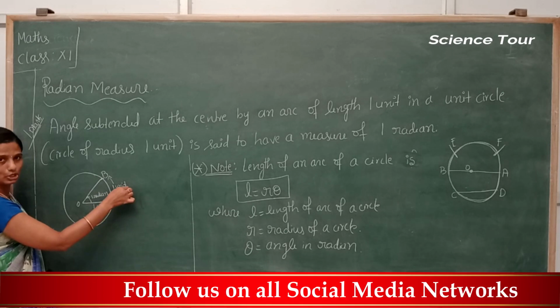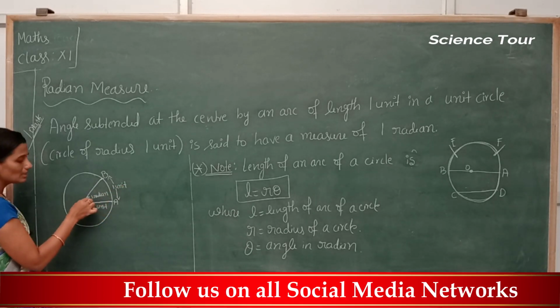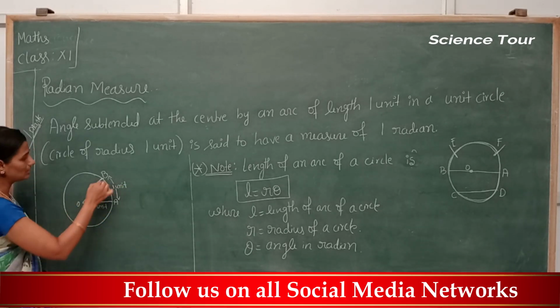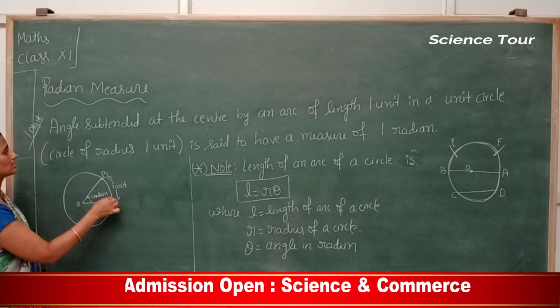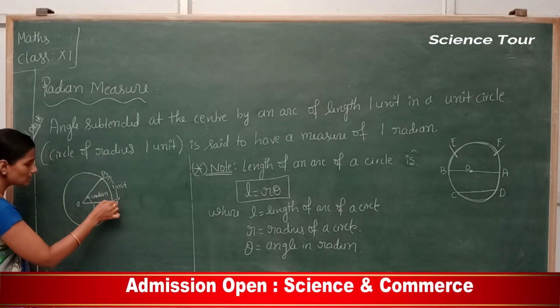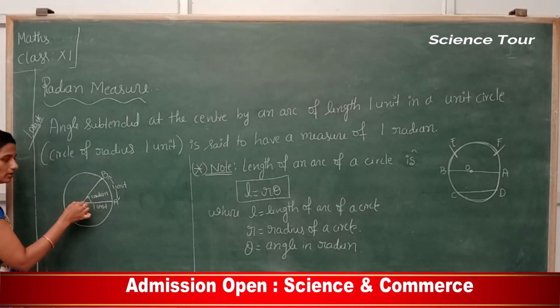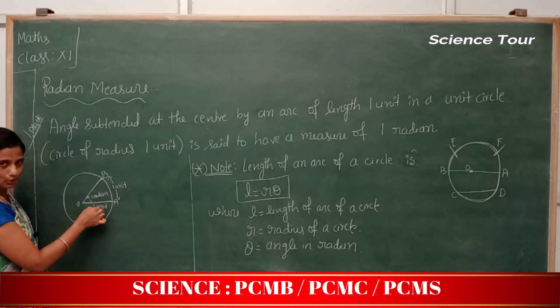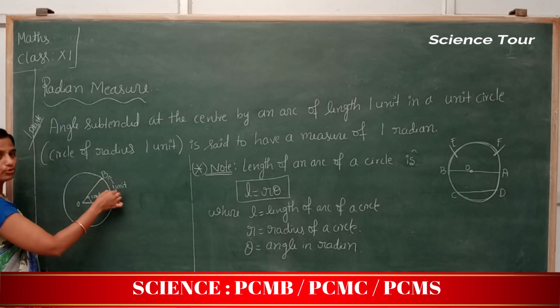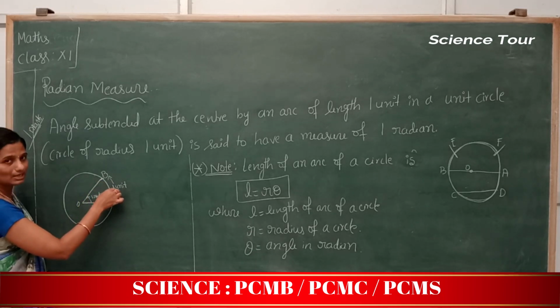It is 1 unit. It is the angle subtended at the center by this arc of length 1 unit in a unit circle. A unit circle means a circle whose radius is 1 unit. What is unit length? It is 1 meter or 1 unit.